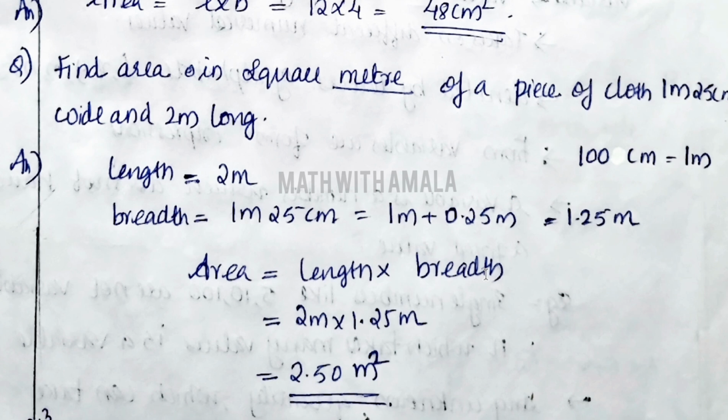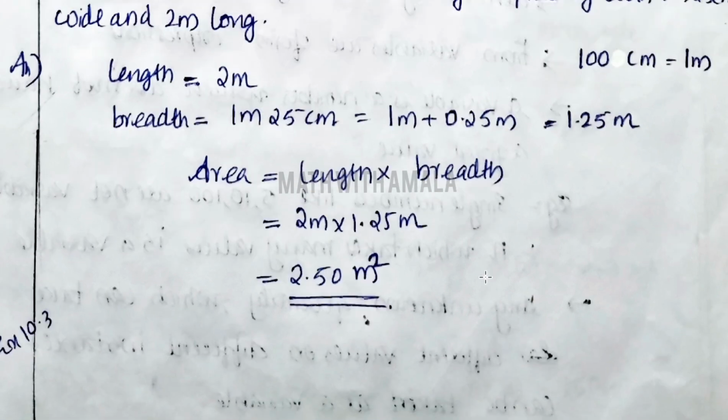So the breadth is equal to 1 meter plus 25 centimeter, that is 0.25 meter. So 1 plus 0.25 meter is 1.25 meter. So the area is equal to length into breadth. That's equal to 2 meter into 1.25 meter, that is 2.50 meter square. You can simply say 2.5 meter square.